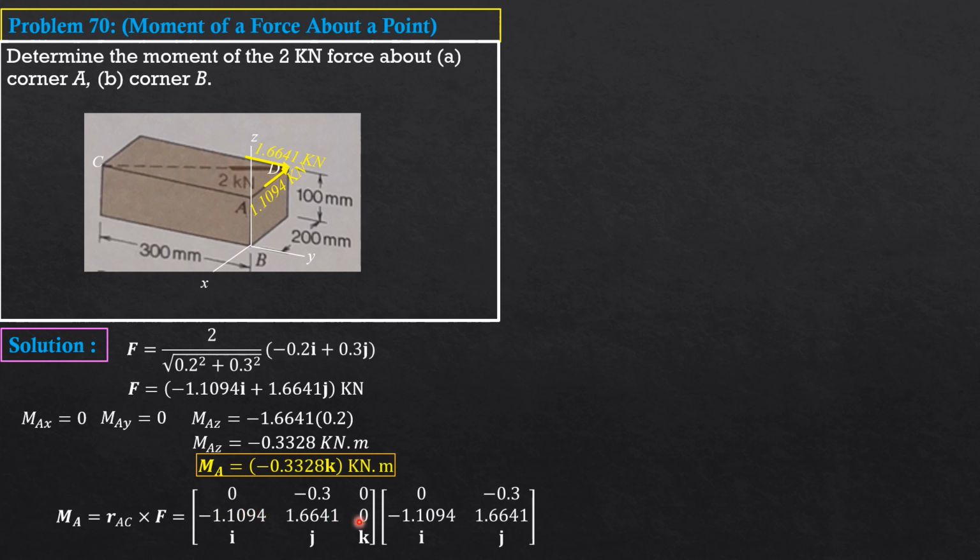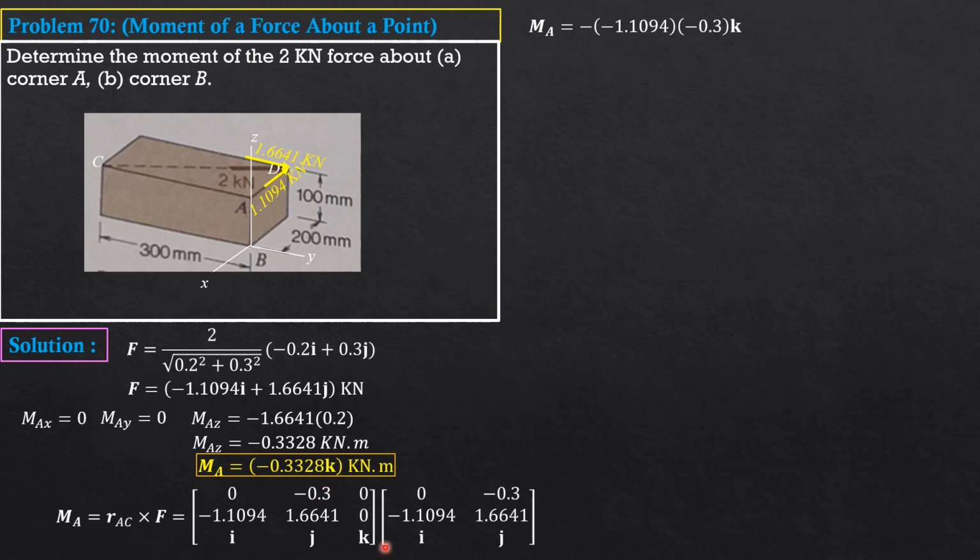Then the components of the force, X, Y, then Z component. Unit vectors, copy the elements of the first two columns, then expand. Notice that it is just about Z. So 0 along I, 0 along J, but along K is 0 minus, this is positive, so negative minus 1 minus quantity negative 1.1094 times negative 0.3, and that is equal to negative 0.3328 K kilonewton meter.